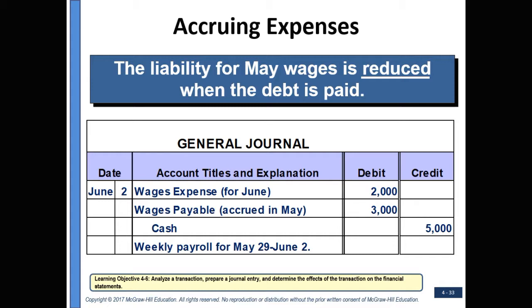The liability for May wages will be reduced when the debt is paid. So when it is fulfilled or satisfied, in this case, paid out on a payroll in the form of cash.